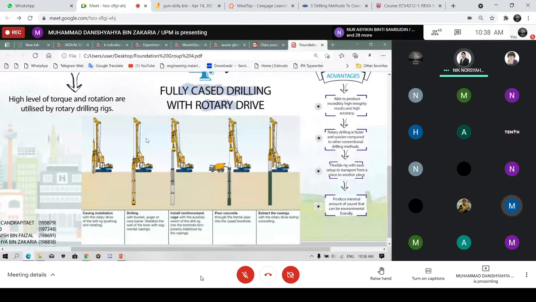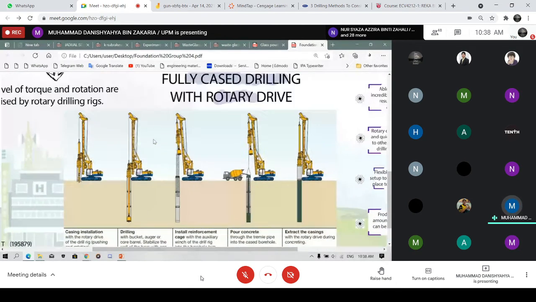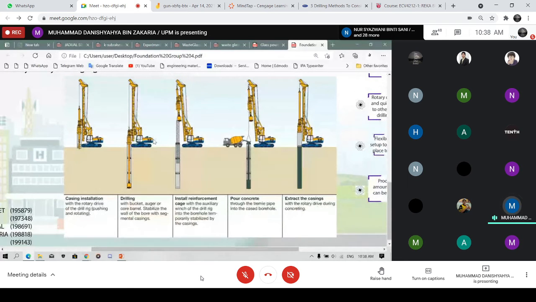Okay, continue. I will explain fully cased drilling with the rotary drive. The first step is the casing installation, with the rotary drive of the drill rig pushing and rotating the casing into the soil. The second is drilling with a bucket, auger or core barrel, while we stabilize the wall of the bore with segmental casings.